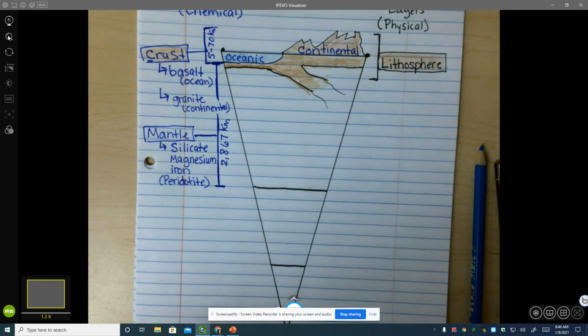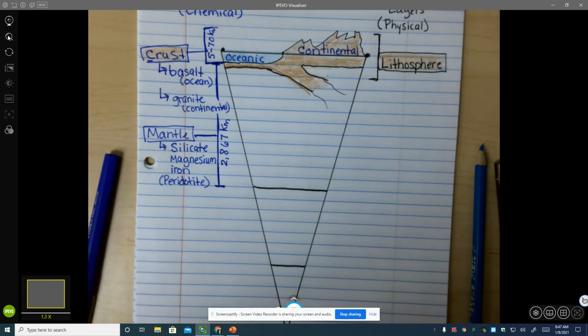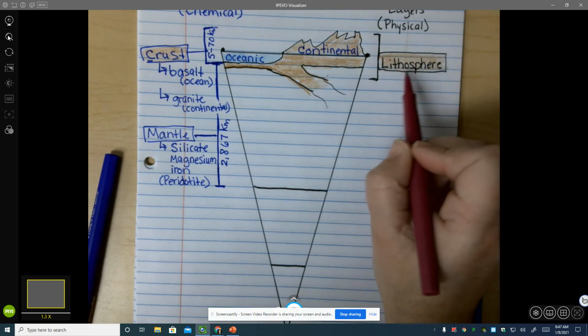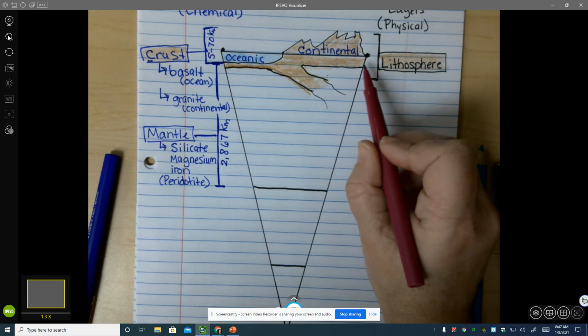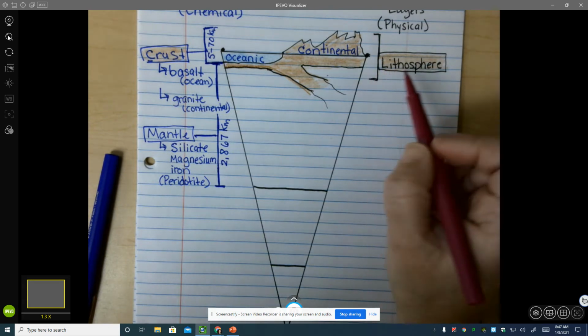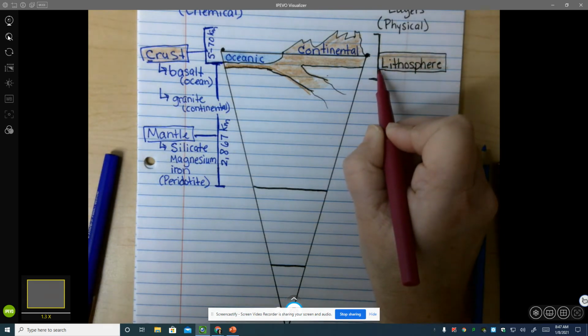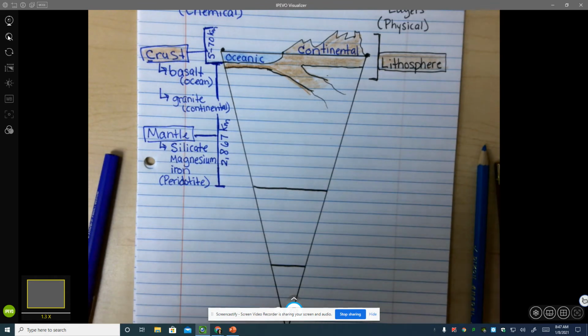Now the mantle is split into 3 layers. One layer of the mantle is the bottom part here of the lithosphere, right? So I should take black.